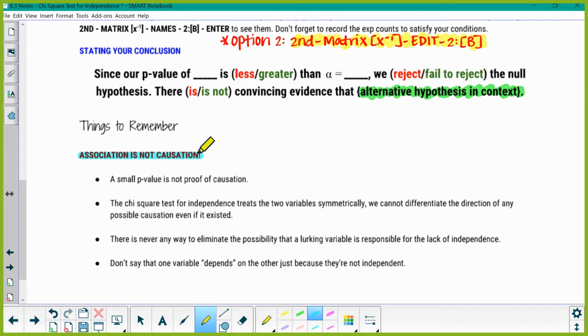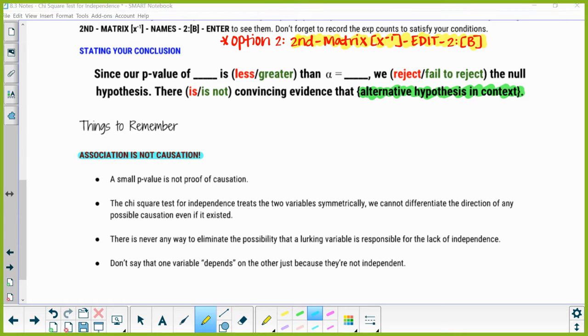Now, the reason why I really highlight this is because often in multiple choice questions, they like to ask you, based on this hypothesis test's results, do you say that there is an association, or that categorical variable A is causing B? And they try to trick you and get you to agree with them. However, just because these two things are associated, again, does not mean that one is causing the other.